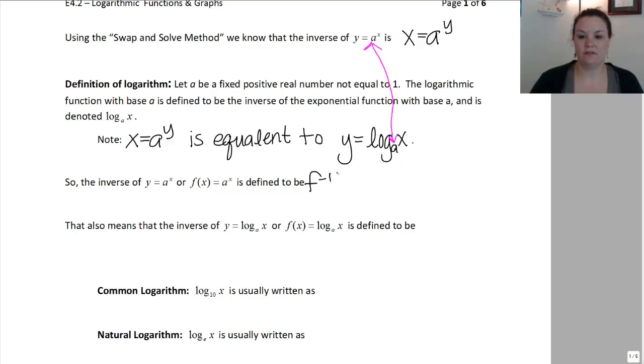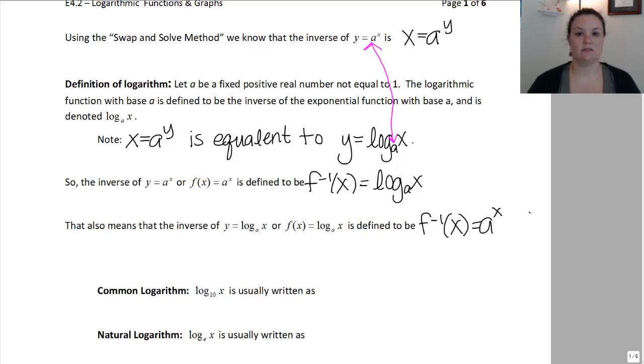So f inverse of x equals log base a of x, because log base a gets rid of exponential base a. The same is true going the opposite direction. If I start out with f of x equals log base a of x, then that inverse would be a raised to the x. So log base a and exponential base a cancel one another out, just the same way that a square and a square root cancel one another out.